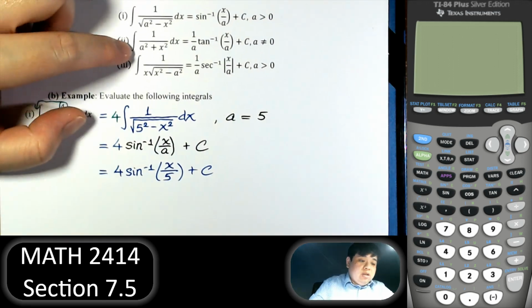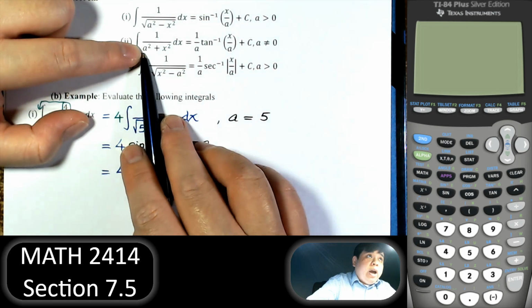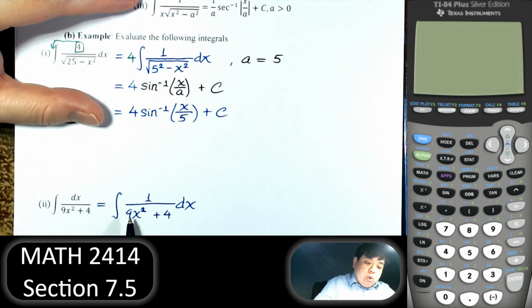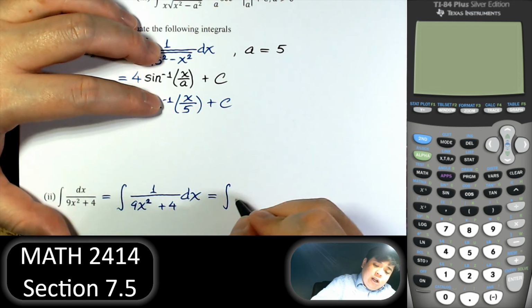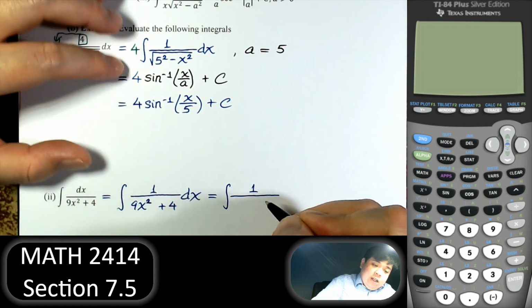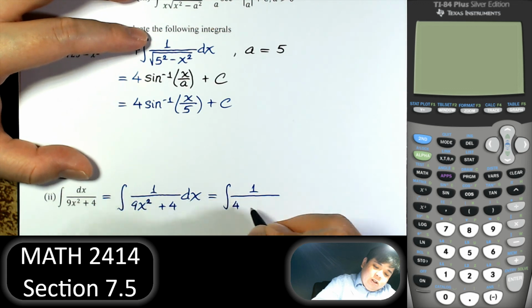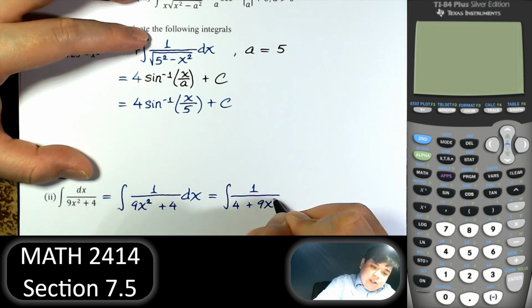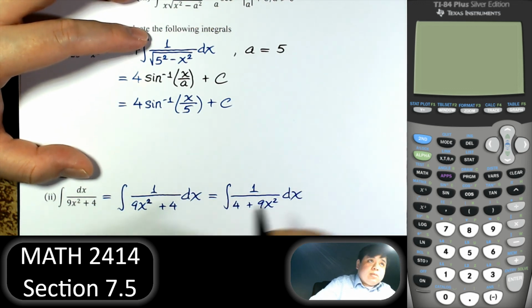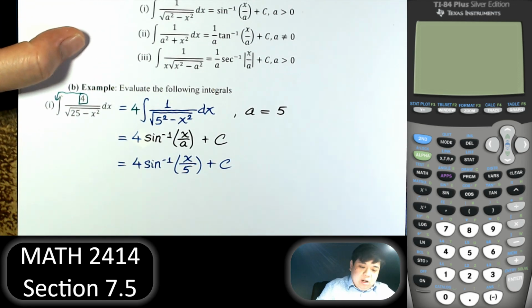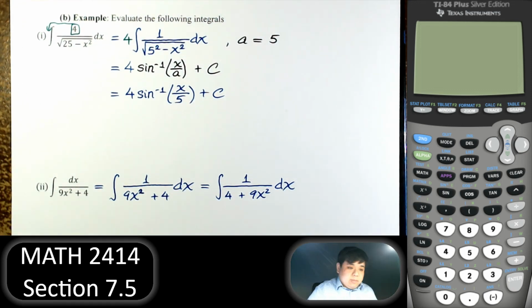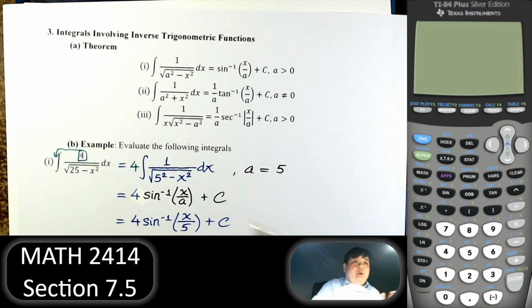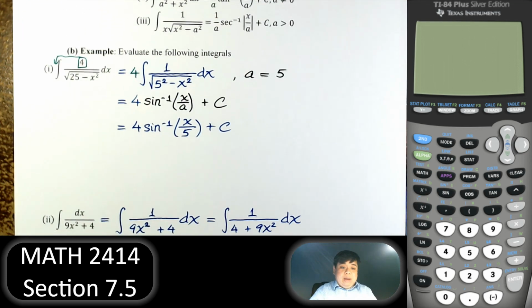Also in this formula we have a constant squared plus x squared, so we need to write that in the right form. So we have, just say, 4 plus 9x squared. Right, so it looks like a constant squared plus something squared. Now, not quite though. In the formula we only have x squared, we don't have 9x squared, so we have to get rid of the 9.